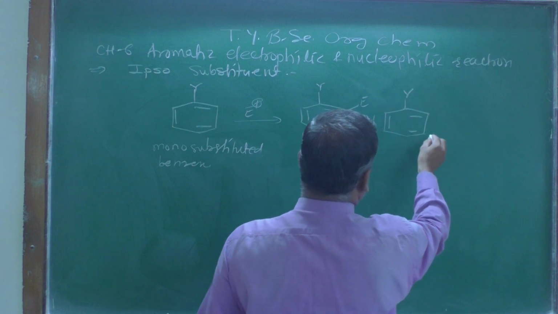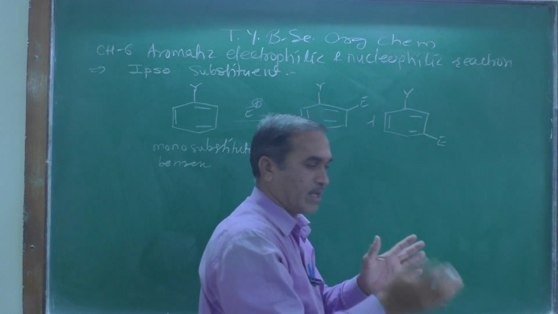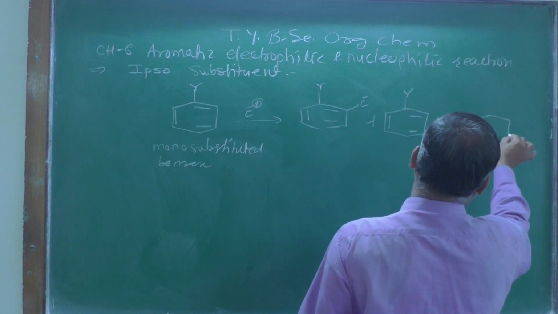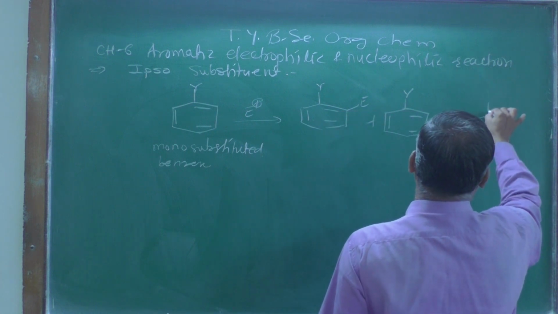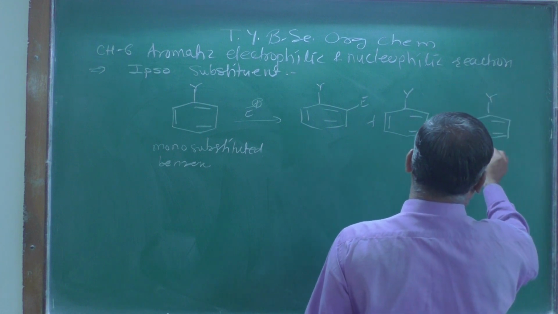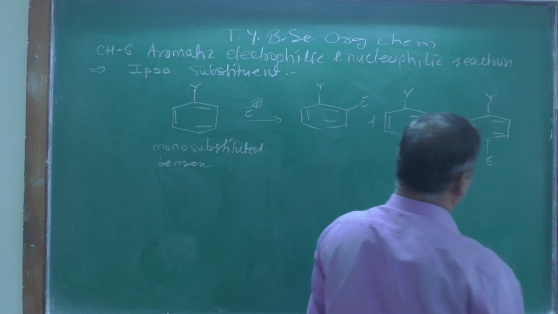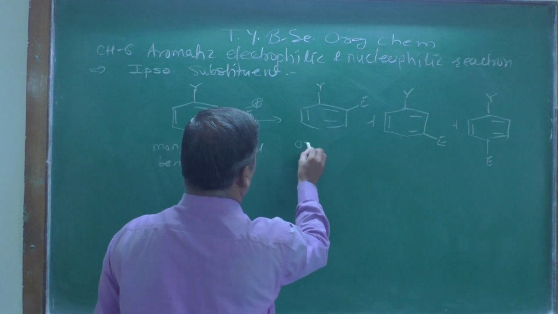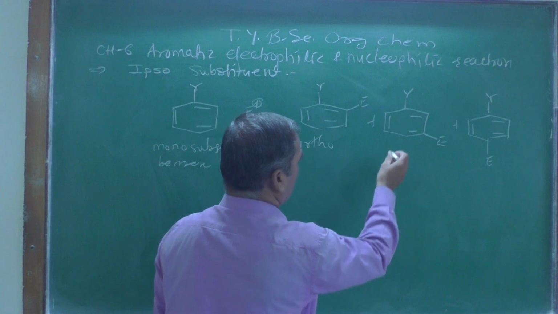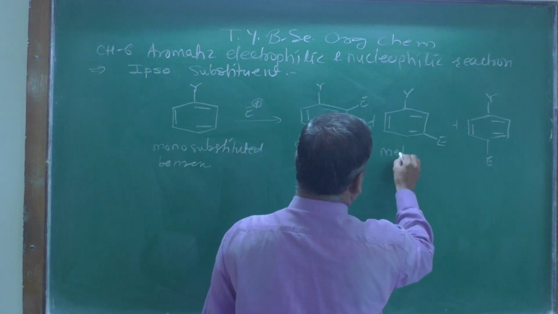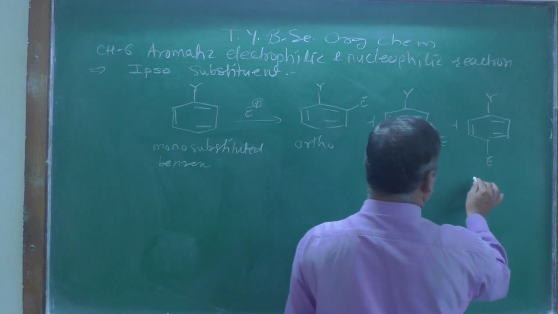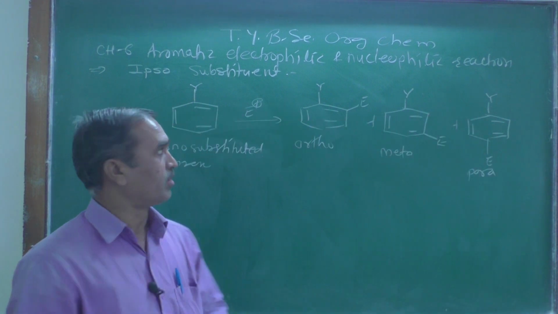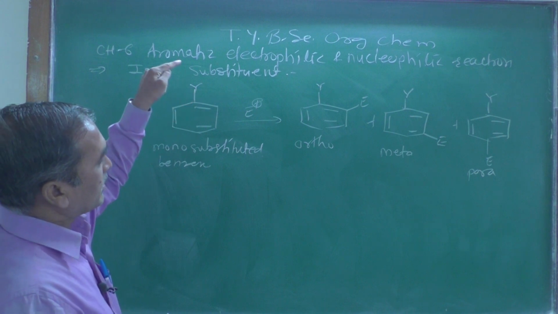This is the Y, the electrophile attacks at the meta position, and in the next one, Y is as it is, but the electrophile attacks at the para position. So this is the ortho product, this is the ortho product, this one we can call a meta product, and this one we can call a para product.